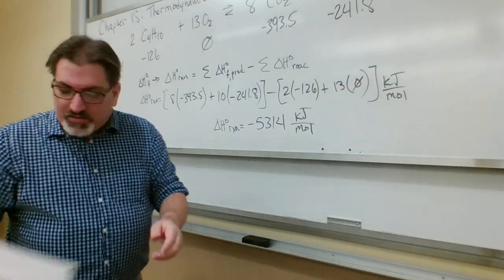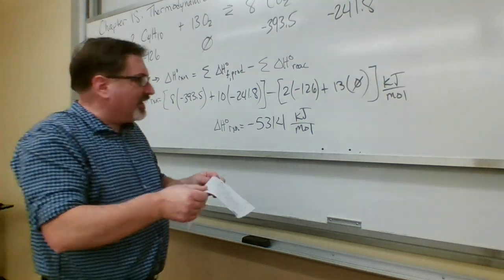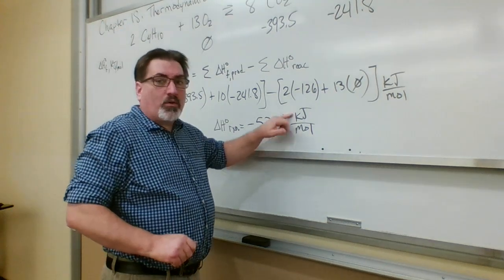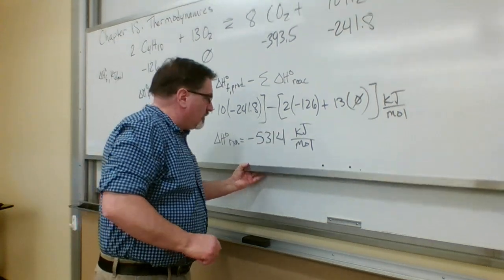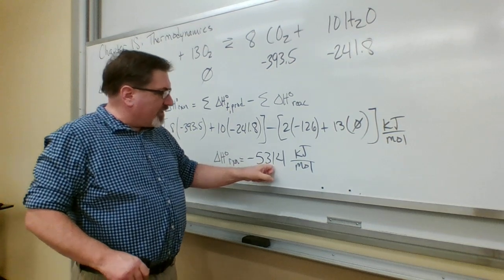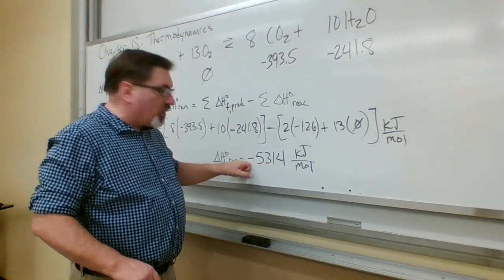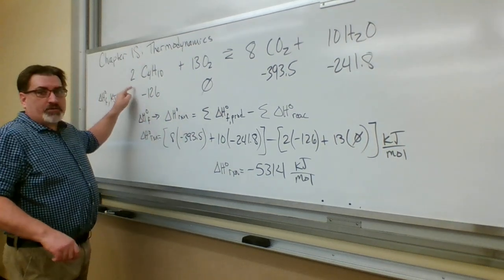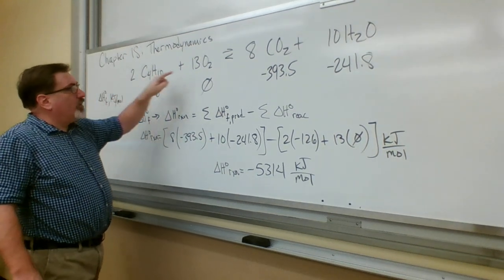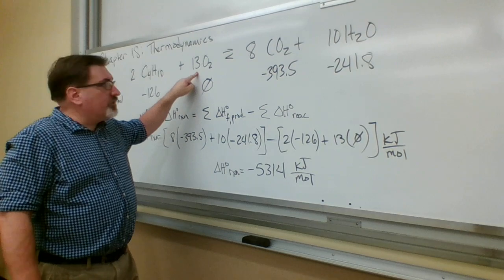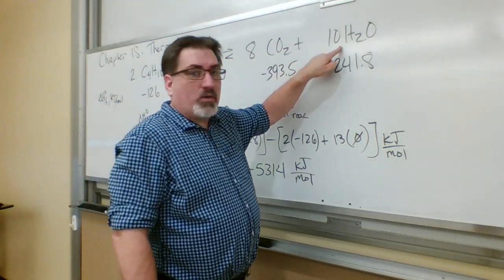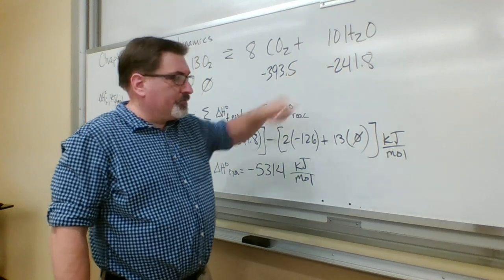There were some issues last semester with folks not quite recognizing what that always meant. It's kilojoules per mole of balanced equation. So 5,314 kilojoules of energy are released, because it's negative, for every 2 moles of C4H10, 13 moles of O2 that are used, 8 moles of CO2 that are produced, or 10 moles of H2O that are produced.